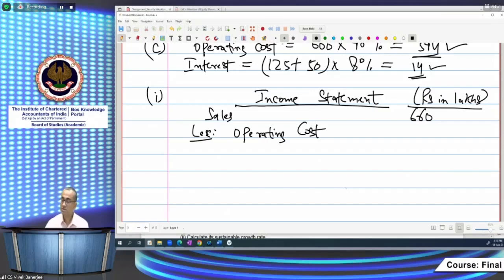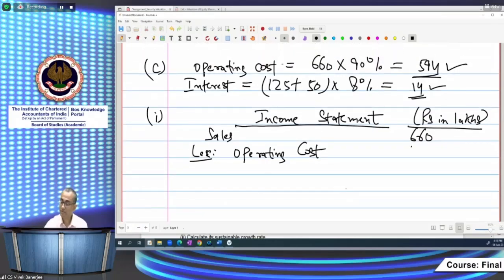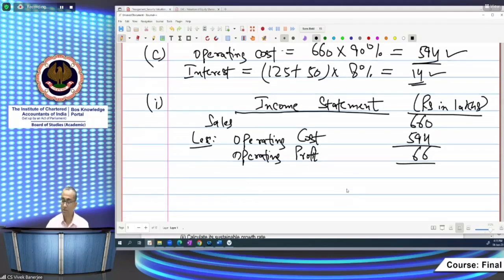Operating cost is 594. We have just calculated it in the working notes. Less, 66. 66 is the operating profit.